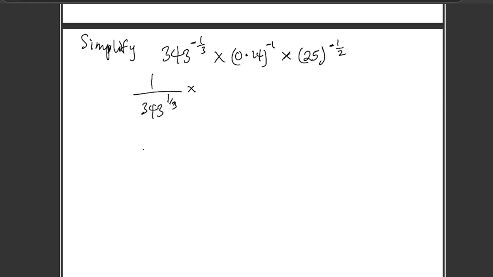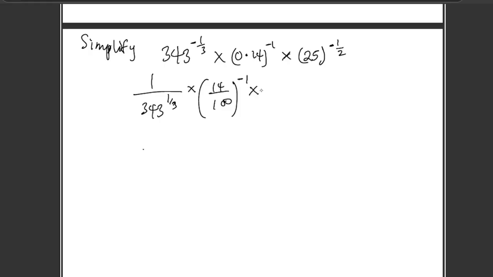Anytime you have a number in decimal, and you work with indices, put it in fraction. This is 14 over 100, right, to the power minus 1. Yes, put it in fraction first.